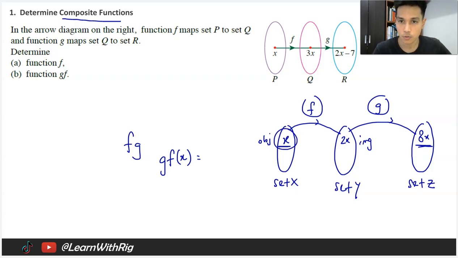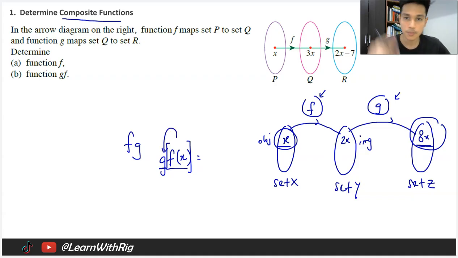Although the object is going through F and then it goes through G, when you are writing the composite function, you have to write the Fx in front, only then you write the Gx. So you get GFX. What does this mean? It means that you are substituting Fx into Gx.